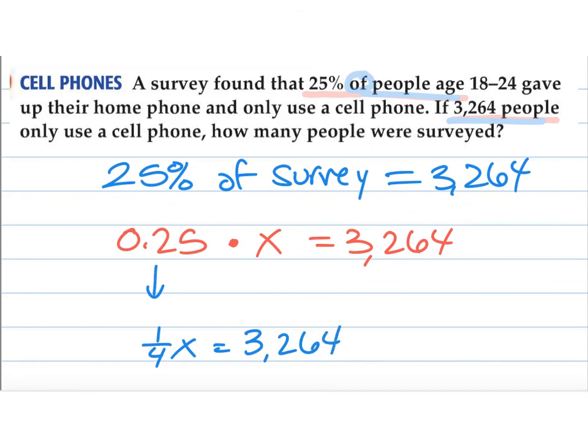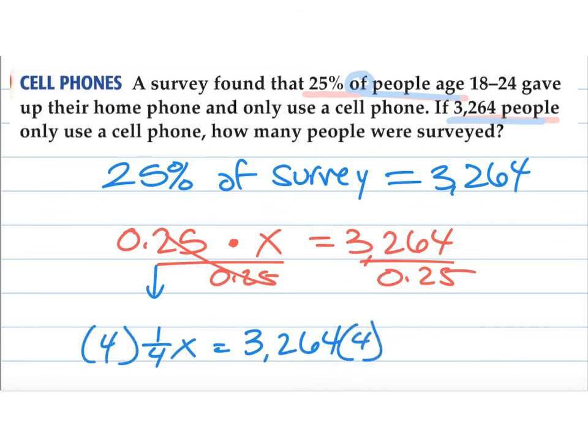So yeah, that's a lot of people. So a lot of people were surveyed. How would I undo this, right? In this case, I would divide by my decimal. In this case, I would multiply by the reciprocal. And what would I get, friends? Try it on your own. I'm going to get that 13,056 people were surveyed.